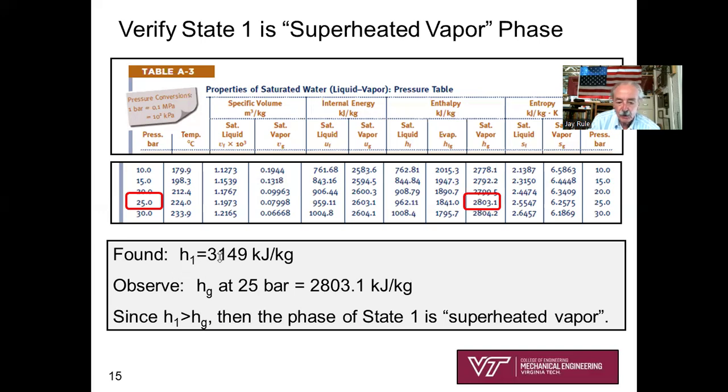And my H1 is 3149. So if my enthalpy is greater than Hg, that verifies that my phase at state 1 is a superheated vapor. That's kind of an important check in a good quality solution. State 1 phase is superheated vapor.